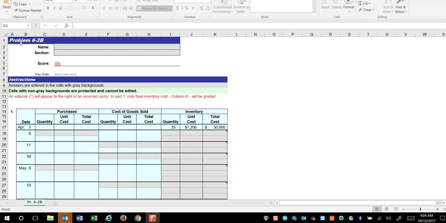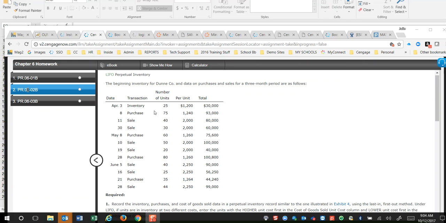This is now the download for problem 6-2, and so I just started here by entering the beginning quantity, the unit cost and the total cost from the information that we have in the homework problem. You can see that the inventory at the beginning was 25 units at $1,200.